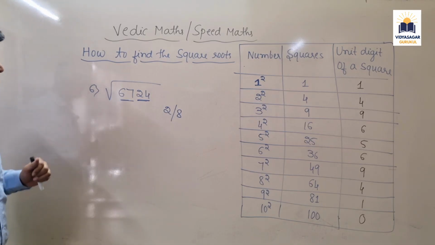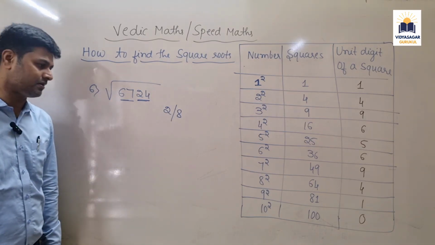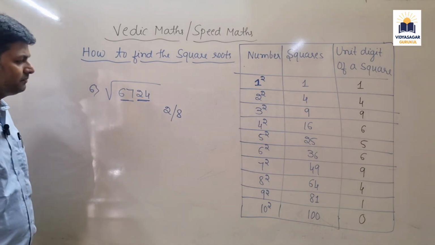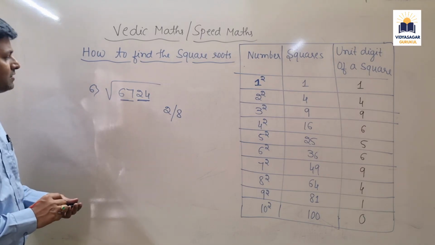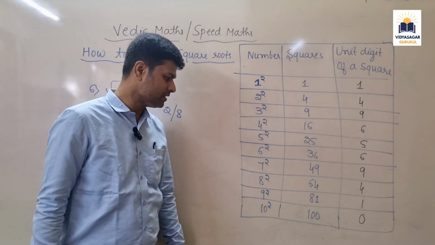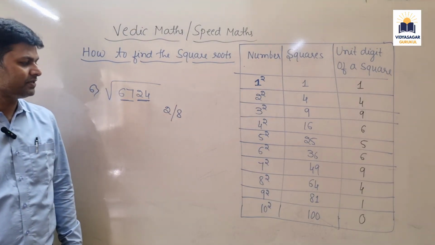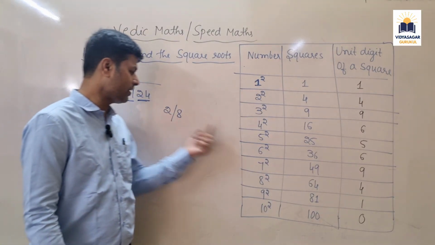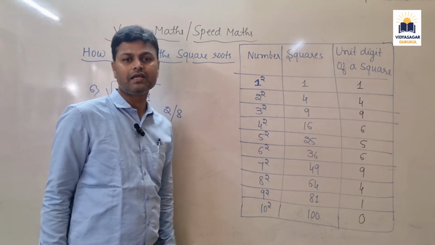Now the left out part, that is 67. 67 is in between which square? So you have to check it in this squares column. 8 square is 64 and 9 square is 81.